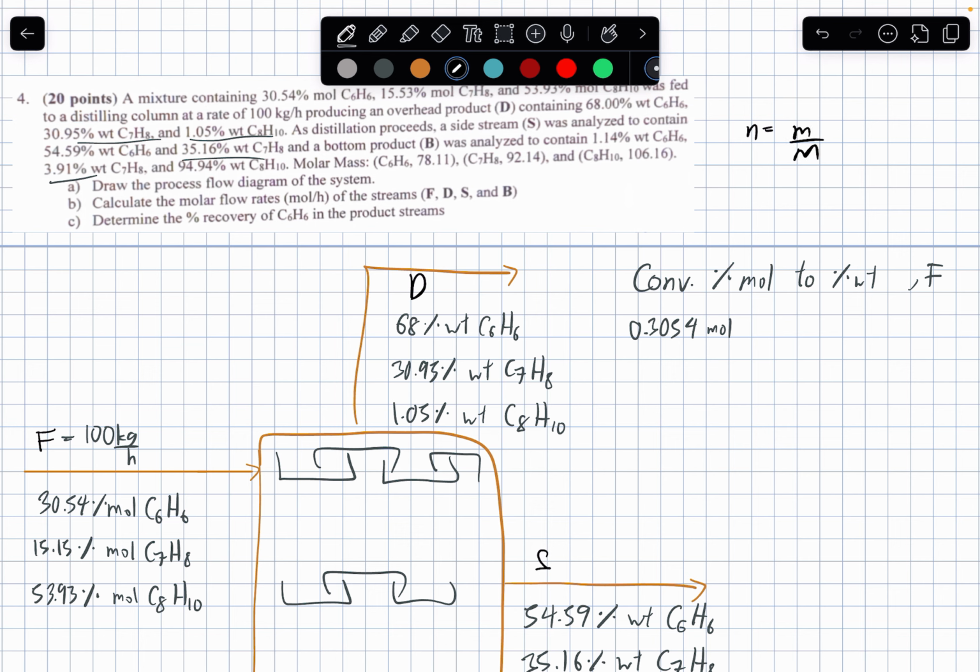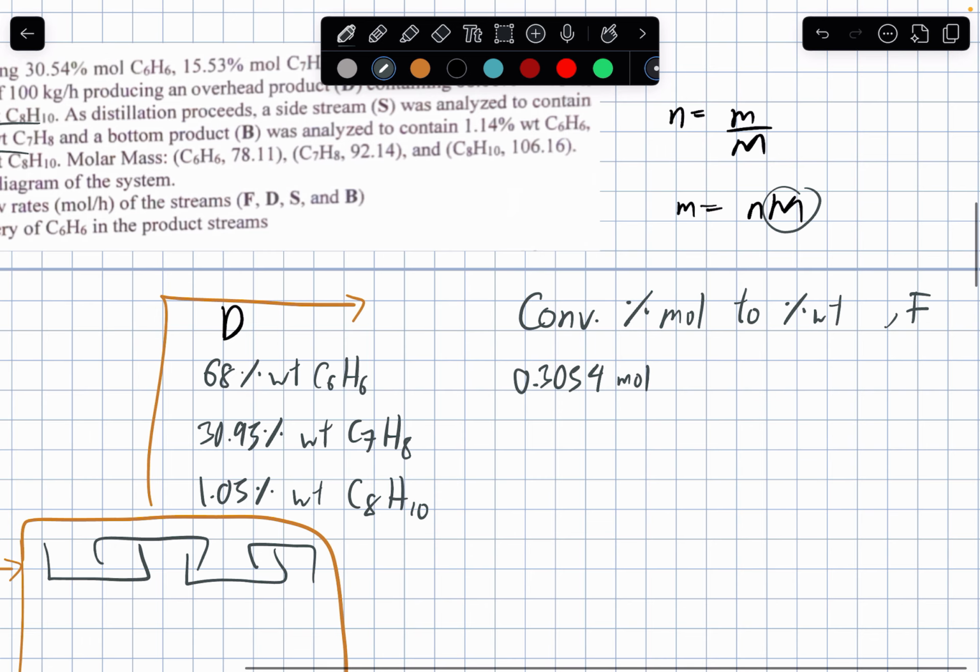We want to express these in terms of percent weight. So mass is equal to mole times molar mass. Our mole is this. We convert the percentages to their fraction forms, in other words, these divided by 100.